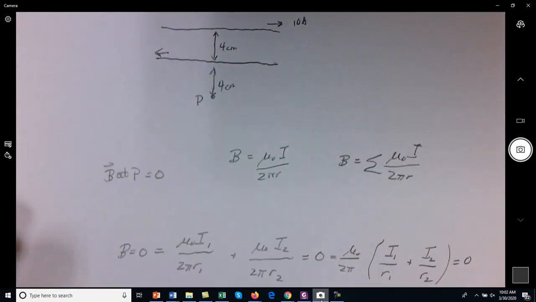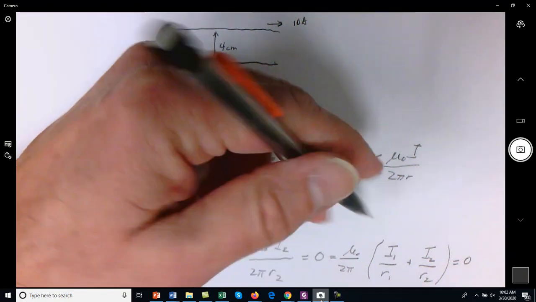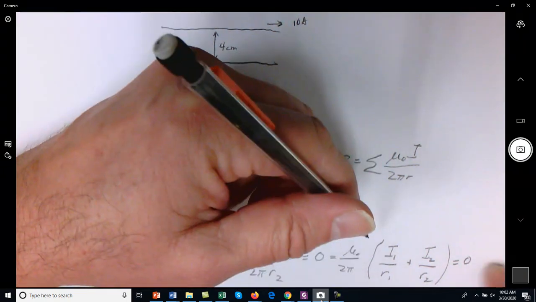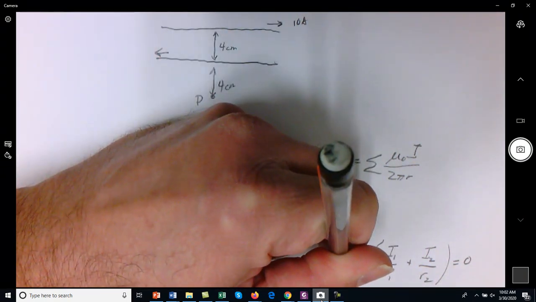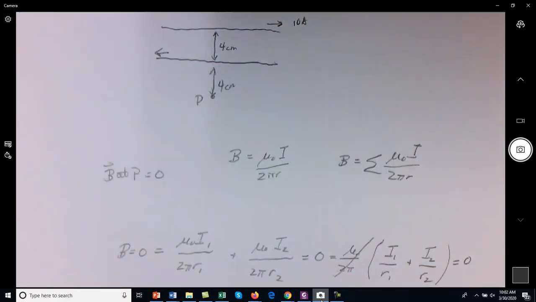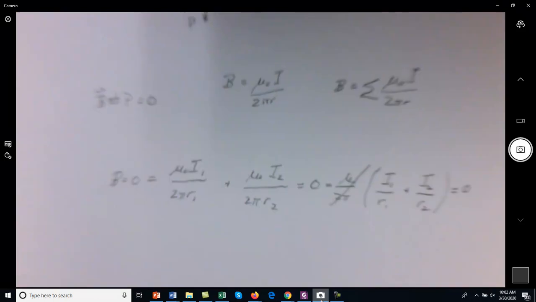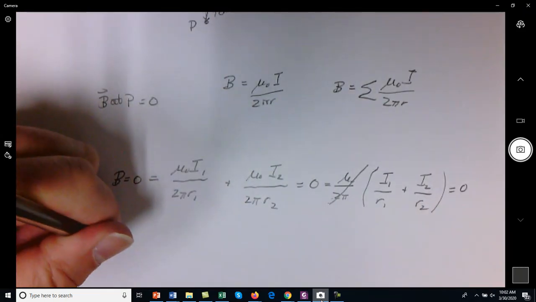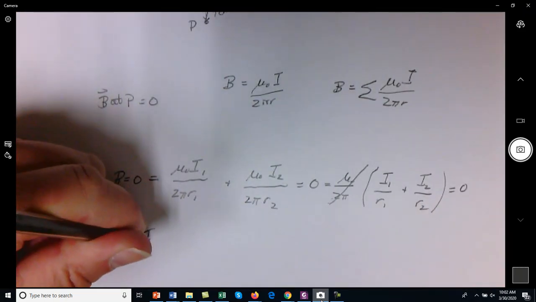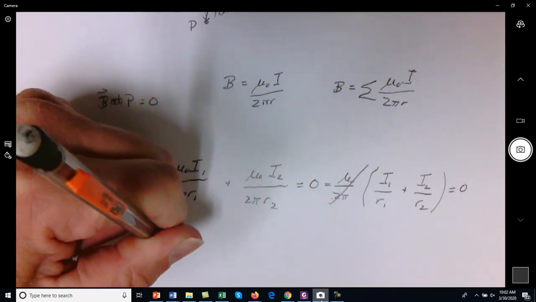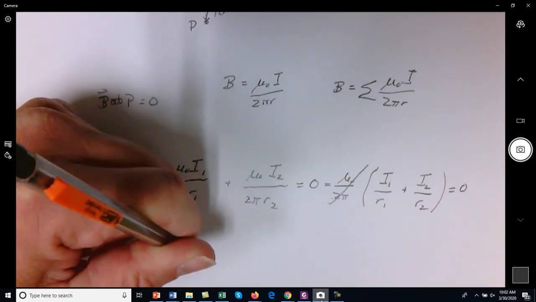Using algebra, I can cancel out the prefactor because anything times 0 is equal to 0. Then I'll rewrite this: 0 equals I1 over R1 plus I2 over R2.